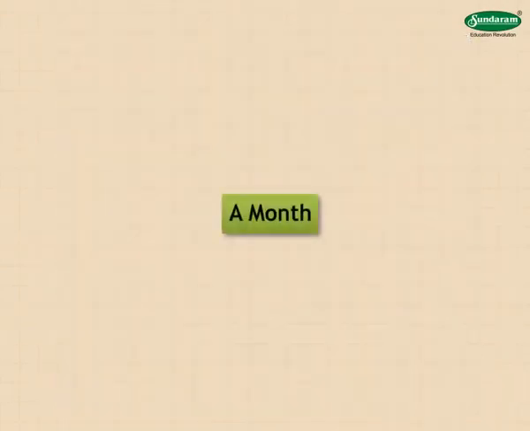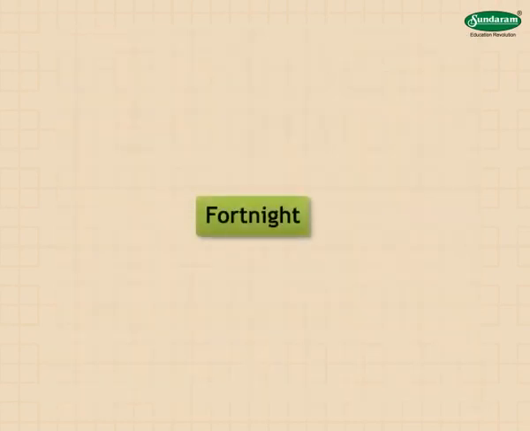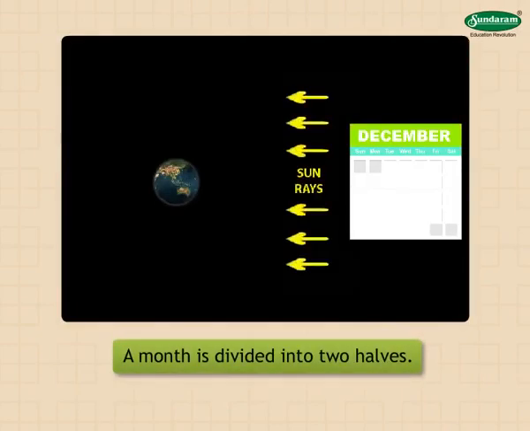A month. Within the period from one new moon to the next, the moon completes one revolution around the earth. This period is called a month. Fortnight. A month is divided into two halves.